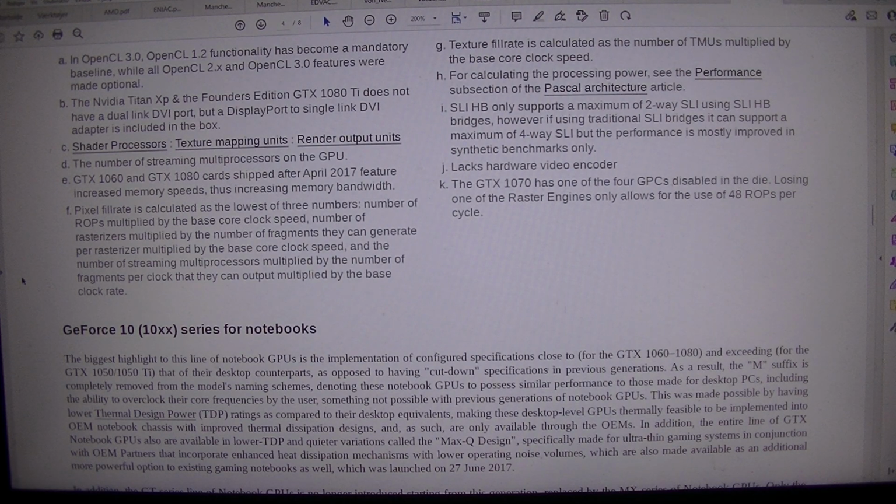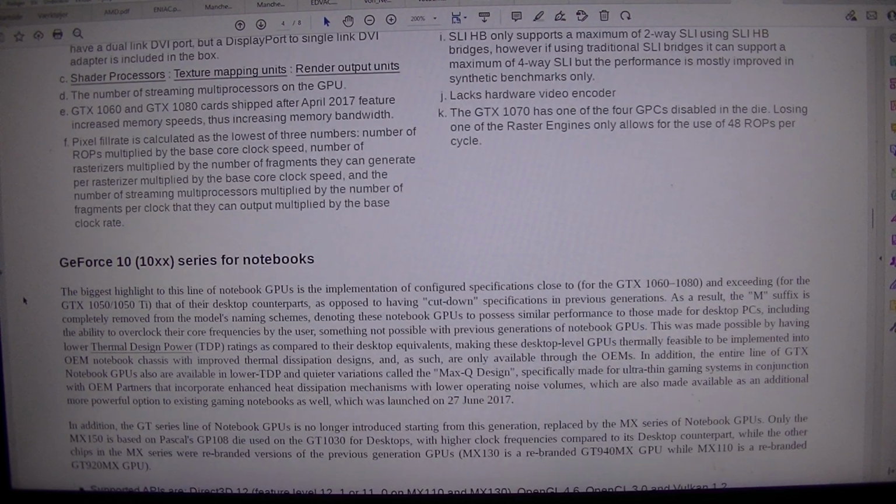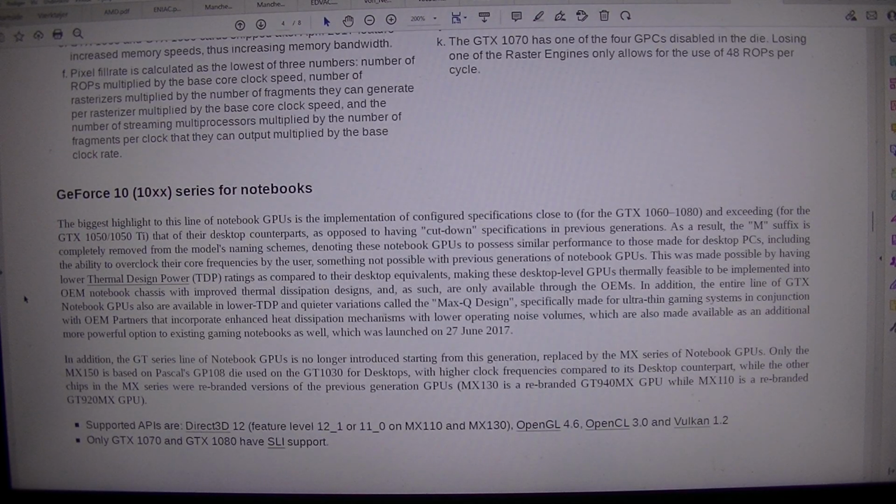GeForce 10XX series notebooks. The biggest highlight to this line of notebook GPUs is the implementation of configured specifications close to, for the GTX 1060 and 1080, and exceeding, for the GTX 1050 and 1050 Ti, that of their desktop counterparts, as opposed to having cut-down specifications in previous generations.